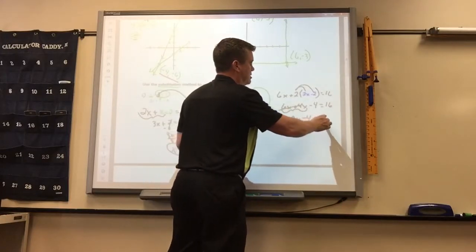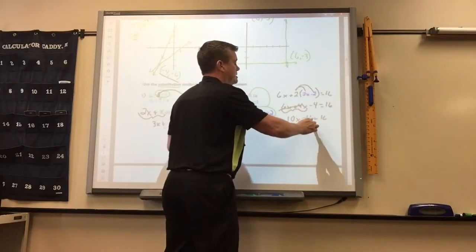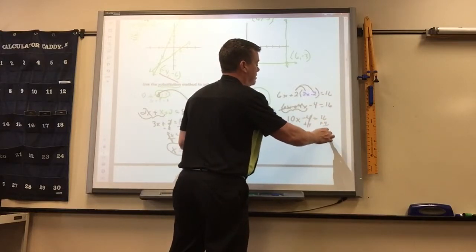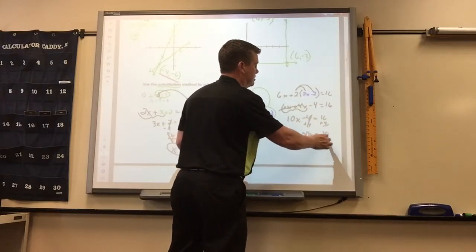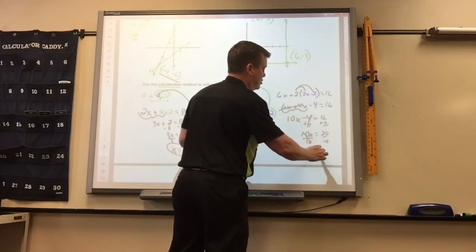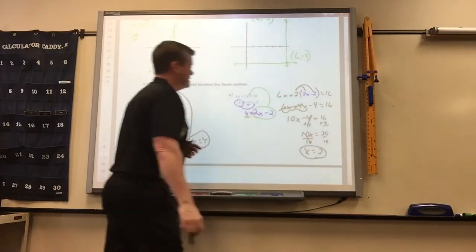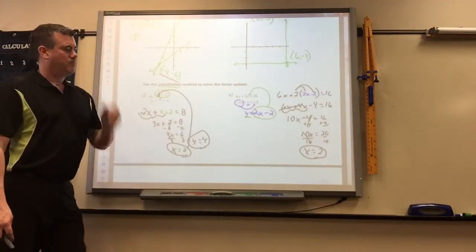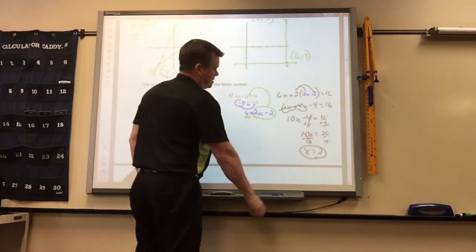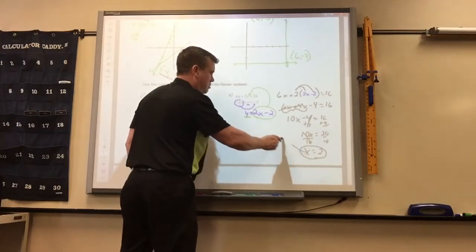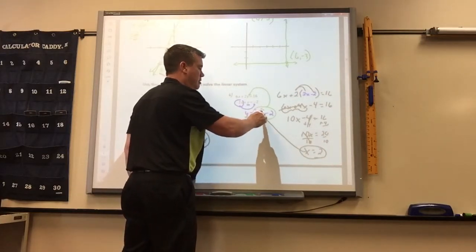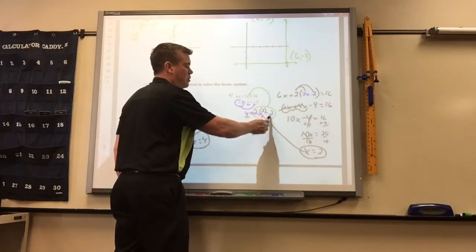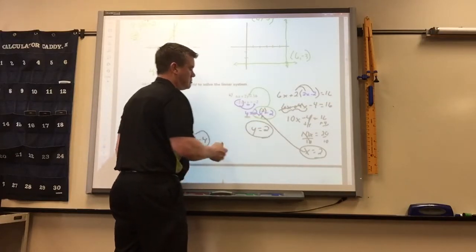Minus 4 equals 16. Add 4. Divide by 10. And you get 2 for x. So then, don't forget, you have to find y, so just plug 2 in right there. And then y would equal 2 times 2 is 4, take away 2 is 2.